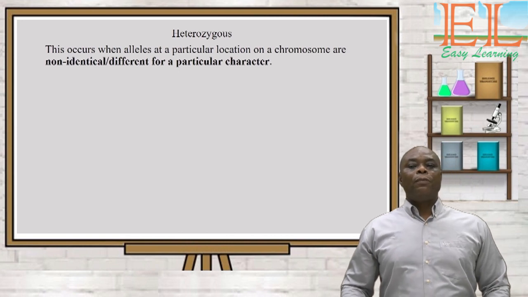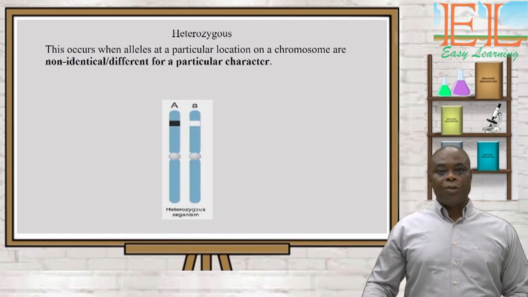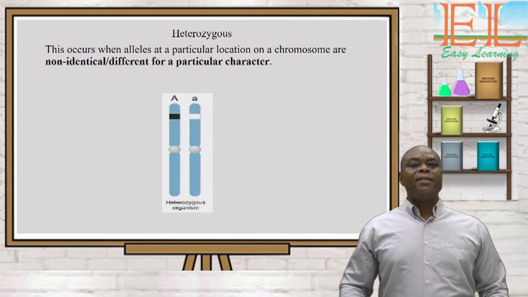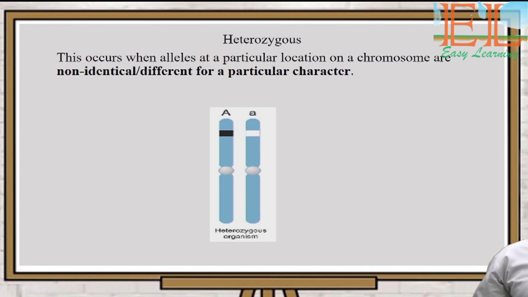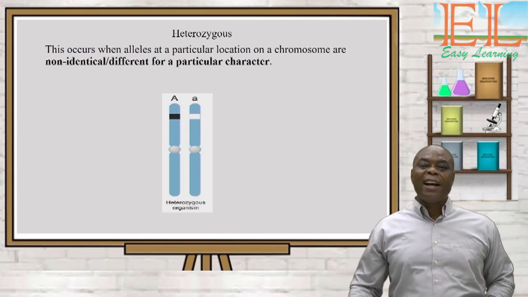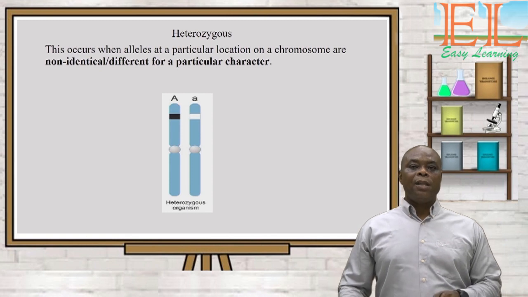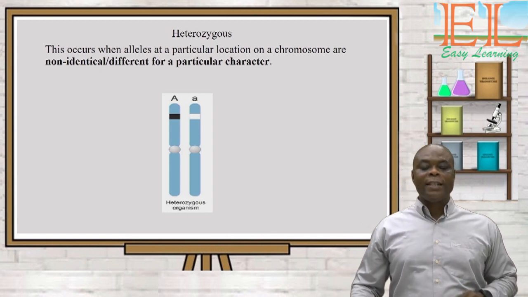For example, let's come back to our strips. Now we can see that one of the strips has white there. The white we see there is labeled small a, which means it is a different gene. Different gene here means though they control the same character, which is height, this is for shortness.